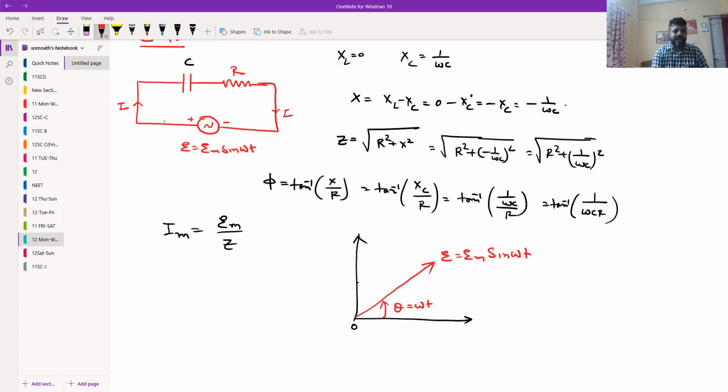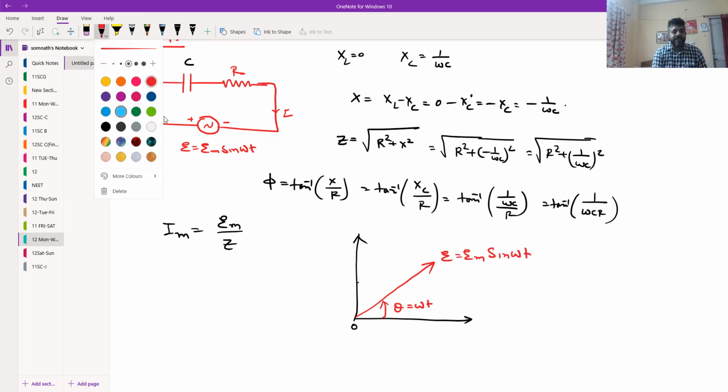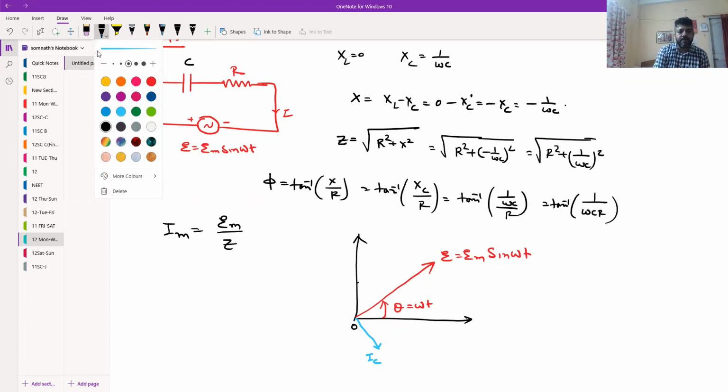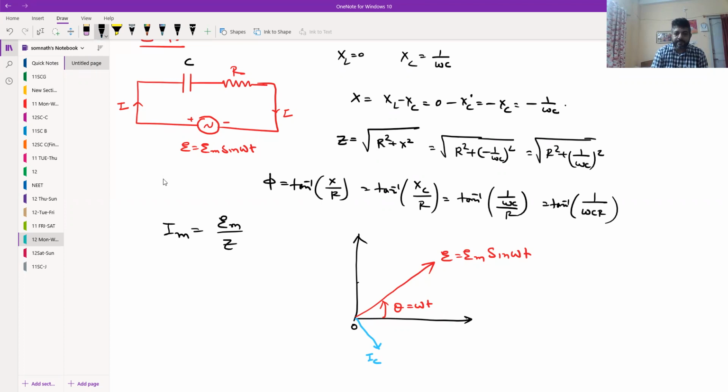Now tell me, in case of pure capacitor, does the capacitive current lead or lag? Hello? Remember last time, capacitive current lead by 90 degree, remember? Yes or no? Yes, sir.